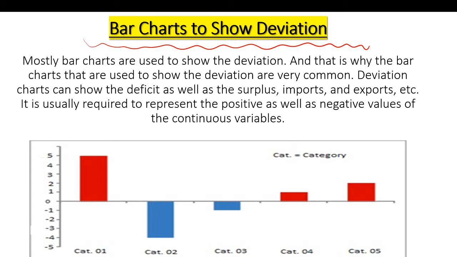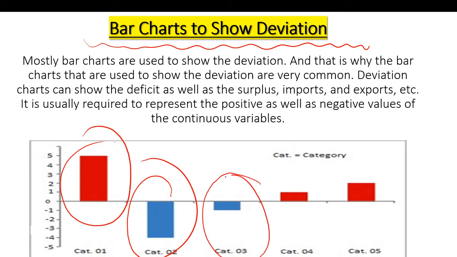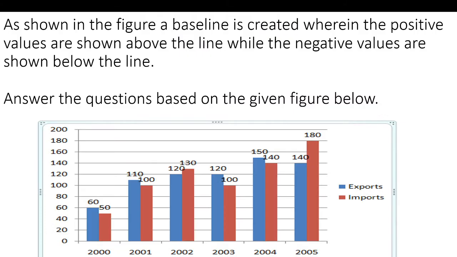Deviation can show a deficit, as well as a surplus, imports and exports, etc. It is usually required to represent the positive as well as negative values of continuous variables. So if the information is given something like this, then it is called a bar chart to show deviations. So now let's move further.